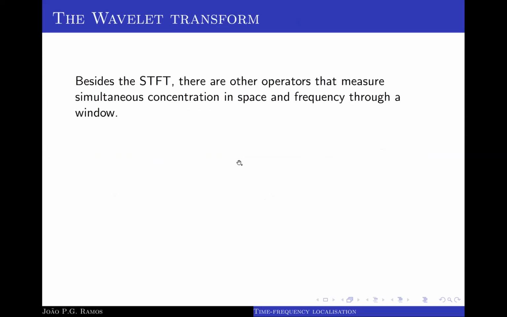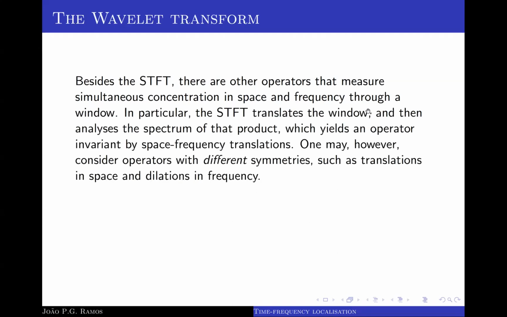So finally, we get to the first topic in which I would like to say a couple of words of my own contribution. Besides the short time Fourier transform, there are other ways to measure and do this localization procedure that I was trying to explain in the beginning. As I said, the short time Fourier transform has two nice symmetries, which is translation in space and translation in frequency.